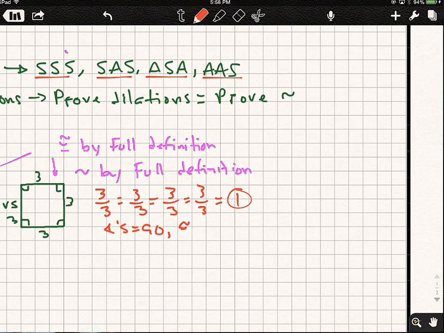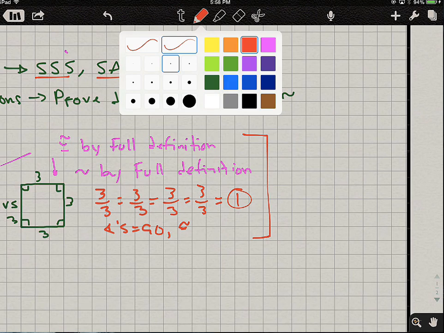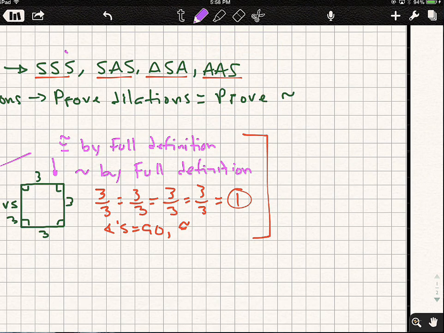Now, there's something else worth mentioning, kind of pop-sciencey, but if you examine the congruency sign really carefully, and you consider that this is actually two signs, then you can read this as being equal and similar.